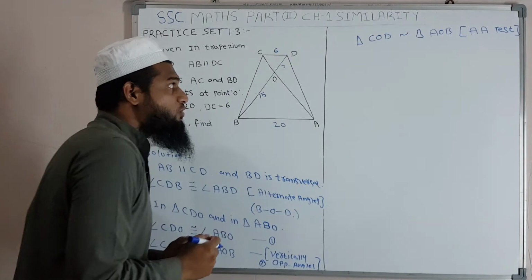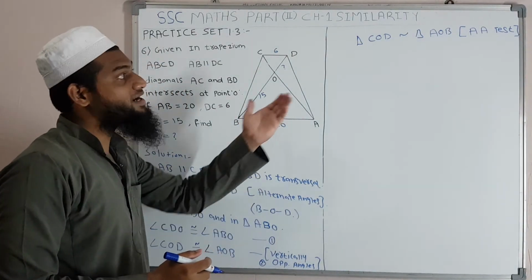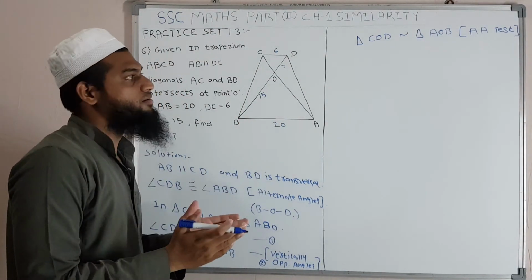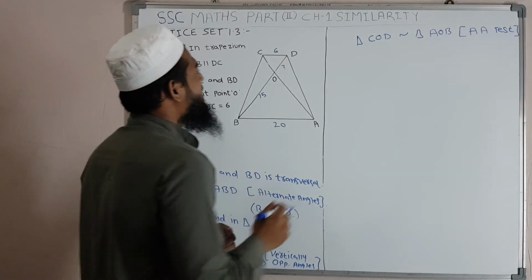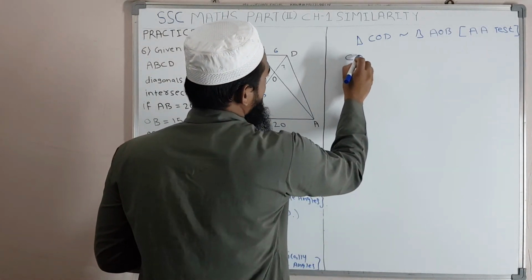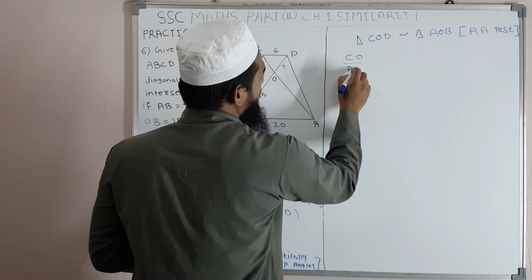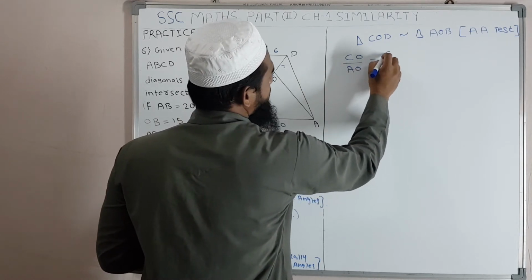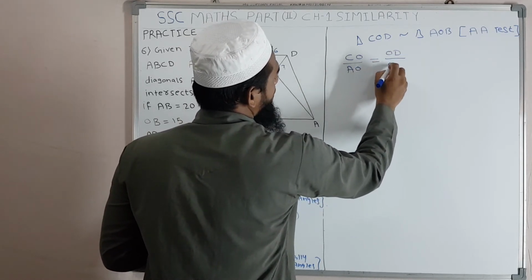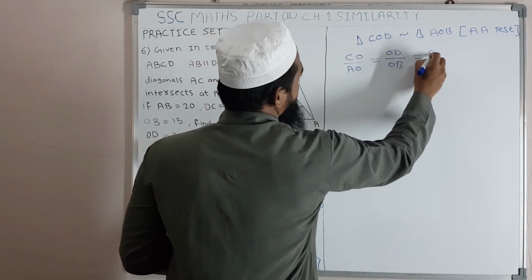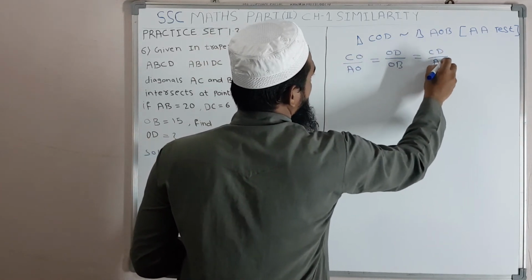And we know that the corresponding sides of similar triangles are in proportion. So we can write CO upon AO is equal to OD upon OB is equal to CD upon AB.